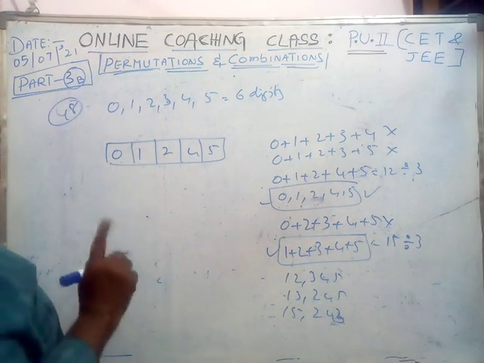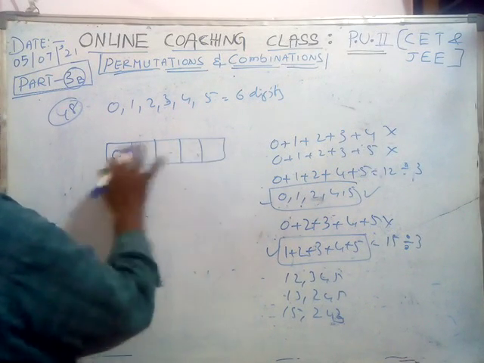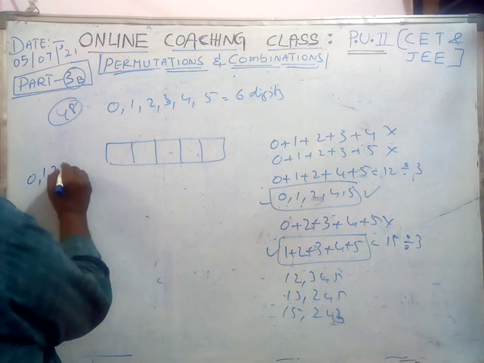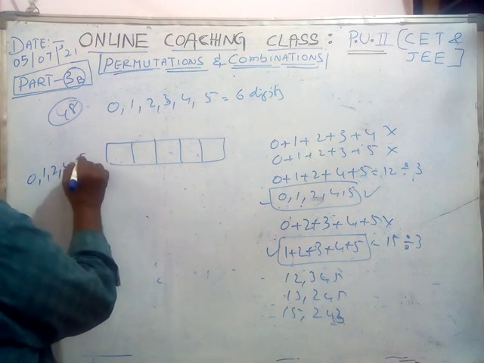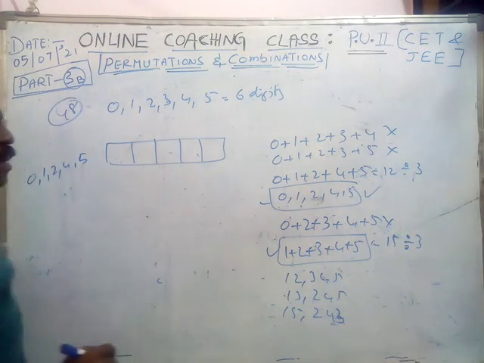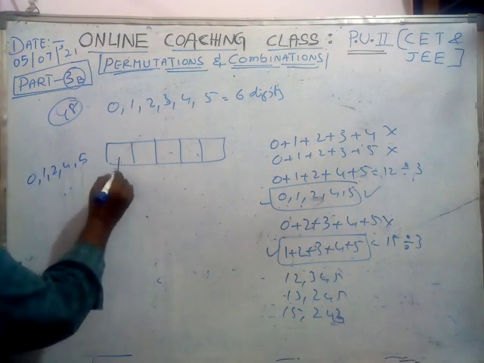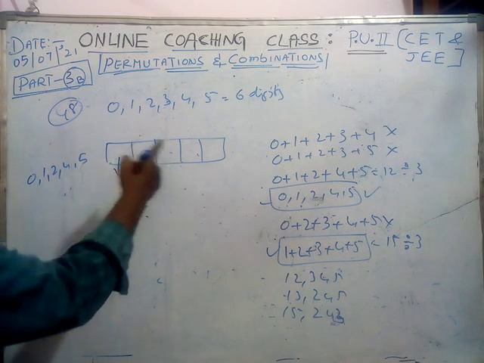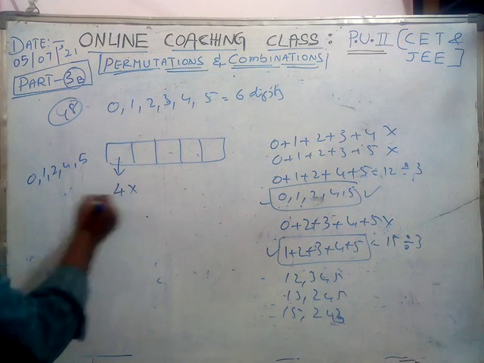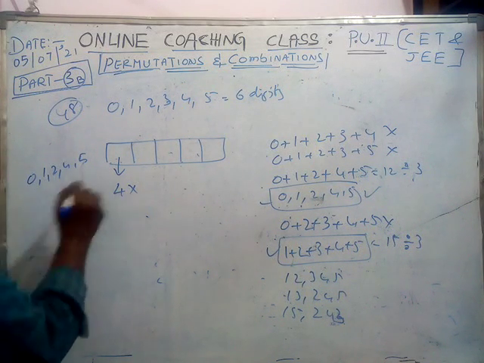I will write here 0, 1, 2, 4, 5. Any number will not start with a 0. So the first box, the 10,000 place, will be filled in only 4 ways, because other than 0, the digits 1, 2, 4, 5 give 4 ways.